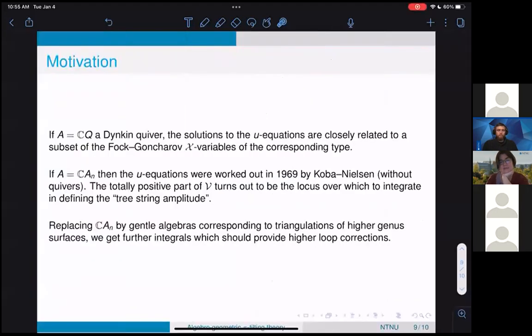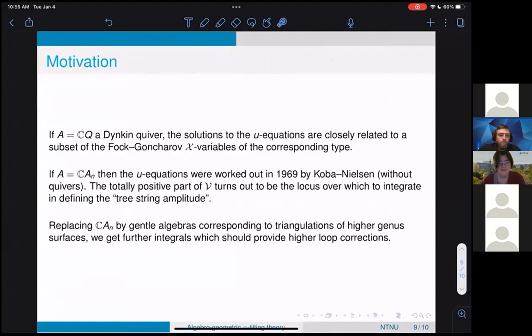And in particular, if you started with a Dynkin quiver, then the solutions to the U equations are very close to a subset of the Fock-Goncharov cluster X variables, but you can do it for any finite dimensional algebra.